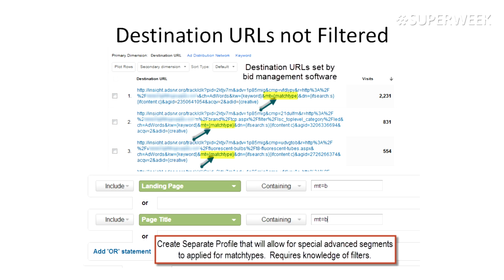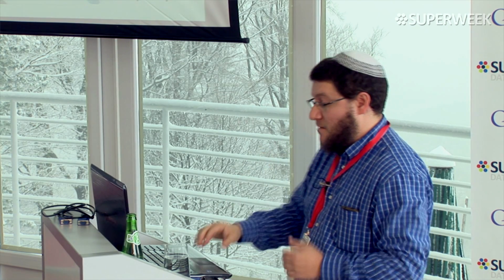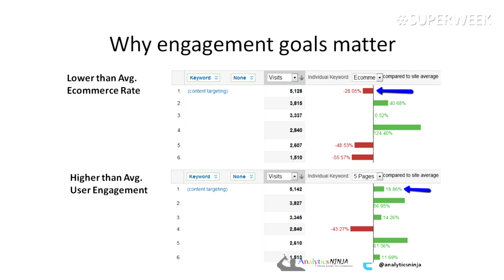Now you're going to have to do something with this, most likely with filters and separate profiles. But I put "or" here, meaning either take that information in a different profile and look at it in your landing page, or take that from the landing page URL and push it into your page title, or put it into a user-defined value. You're going to have to use filters and do something with it, but then in your profile, you'll be able to segment by match type for those visits.